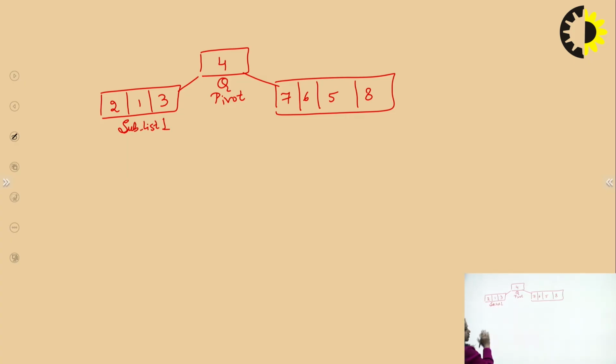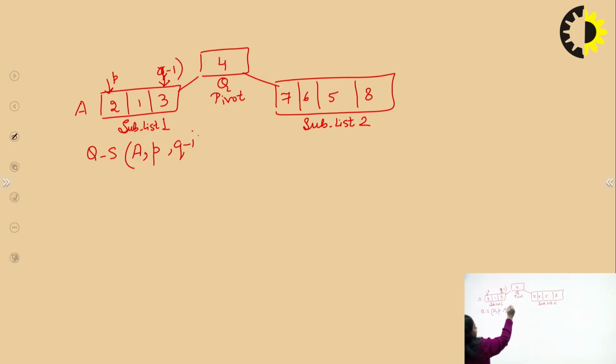This is sublist 1, or you can say the left side, in which all the elements are lesser than the pivot element, and this is called sublist 2, which is the right side, where all the elements are greater than Q. Now onto this array, you have to call the quicksort function on which elements? On the first array, the first element is P and this element is Q minus 1, right?